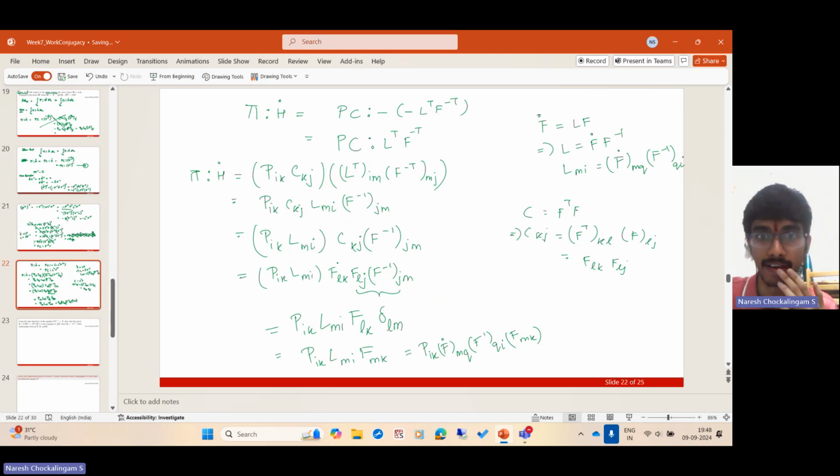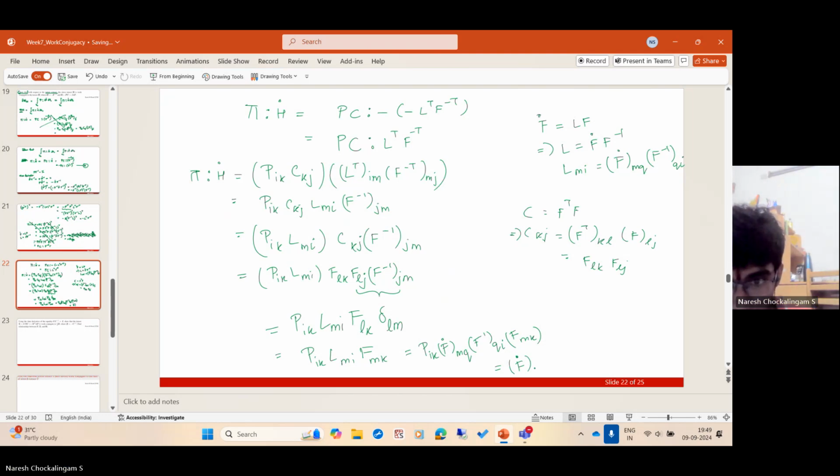Transpose F. So we actually get F dot MQ multiplying F MK, PIK, F inverse QI.